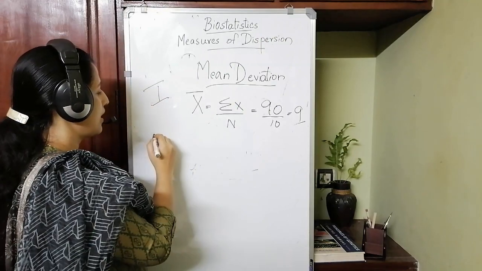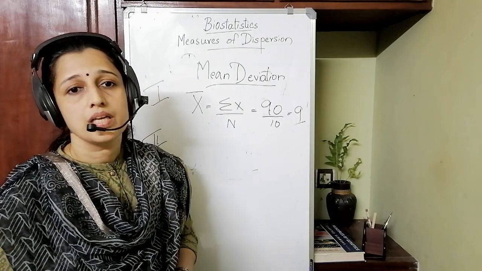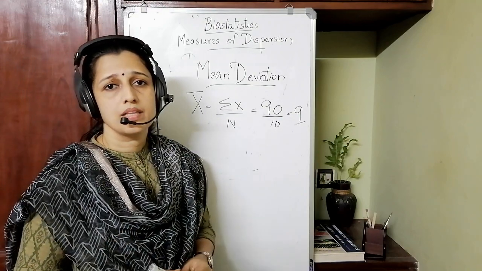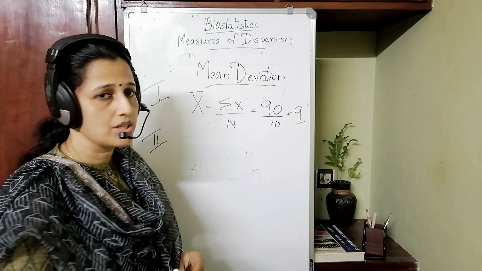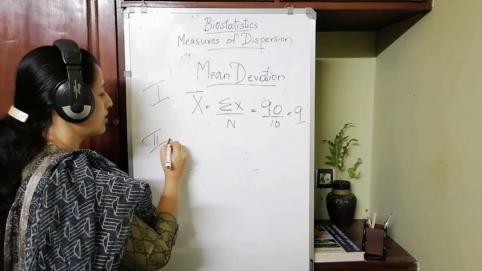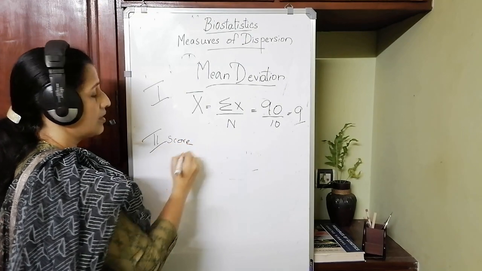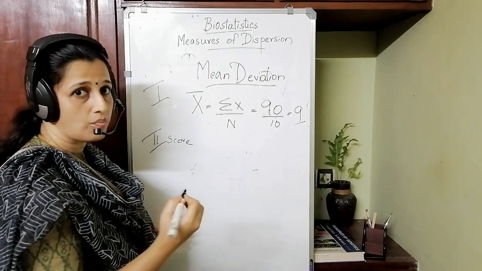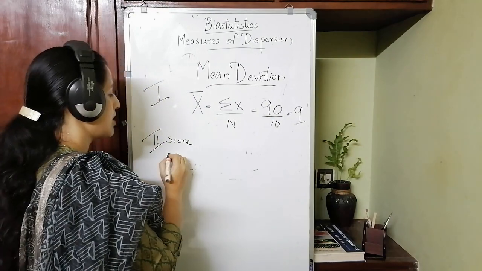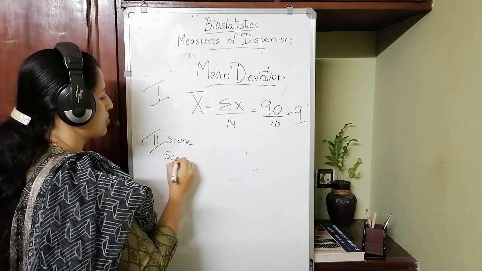Second step, prepare a table with 3 columns to obtain the value of the deviation. You can see the table shown here, and you can write here score, then score minus mean, which is how we find the deviation.